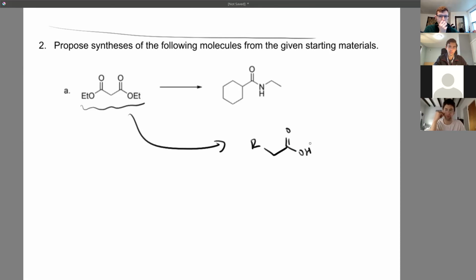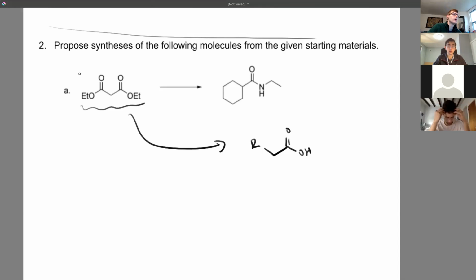Okay, so couldn't we make a carboxylic acid and then just add an amine, right? Just make an amide. That might be able to work, yeah. So I say we throw on a cyclohexane attached to a chlorine in a first reaction, and let's do sodium hydroxide.